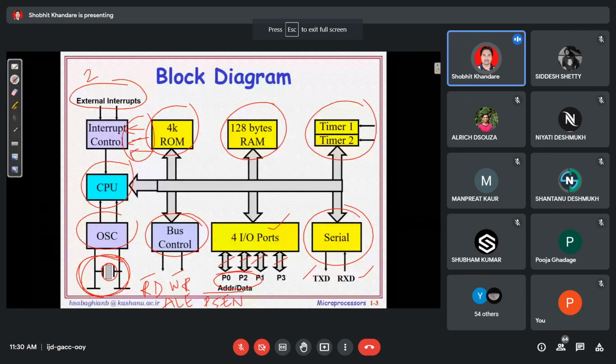Because all the operation of your 8051 will be in synchronization with the clock pulse. So where will you get that clock pulse from? You will get it from the quartz crystal.